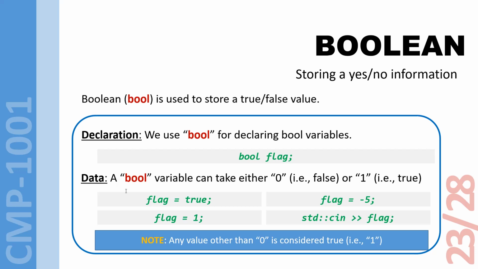So if I say, as you can see here, flag equals -5, then it's gonna be considered as true, which might be a bit confusing, but the logic goes like this. It's a concept of whether there is any value or not. I know that 0 also has a value, but it is something like that. So -5 is something, therefore it is true.